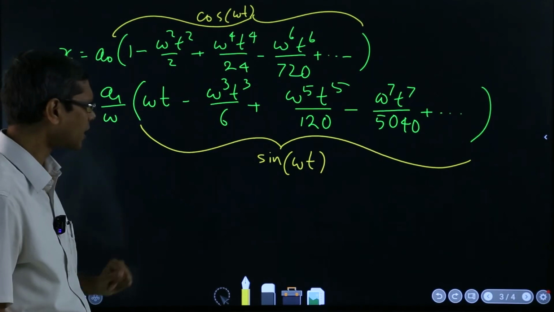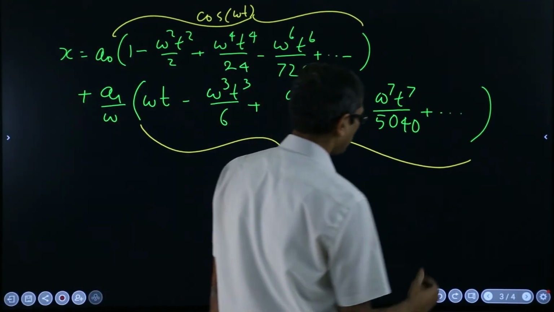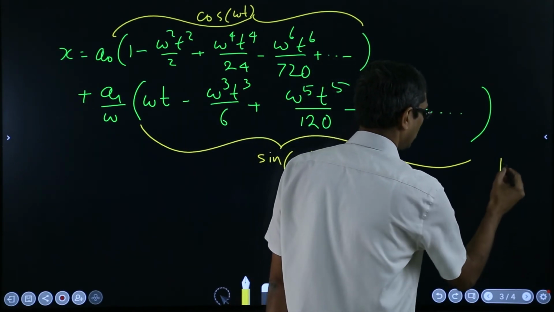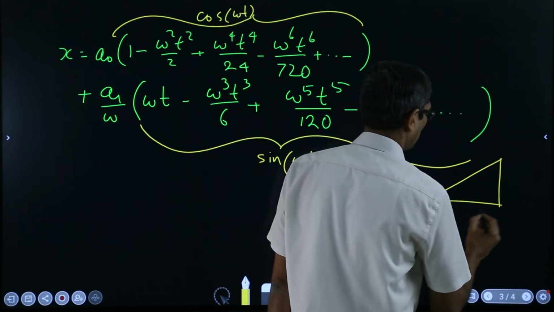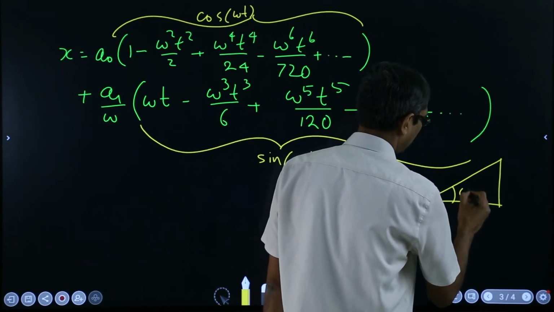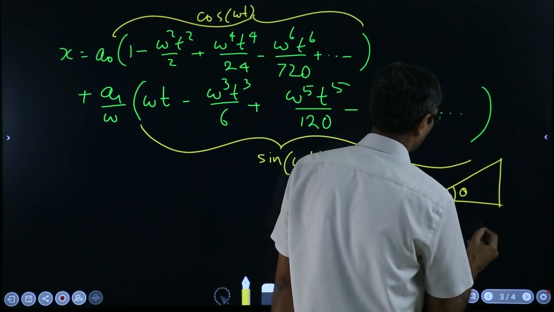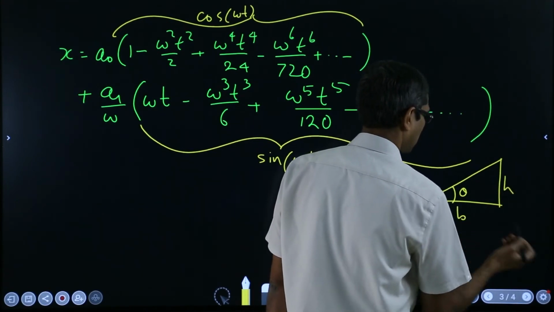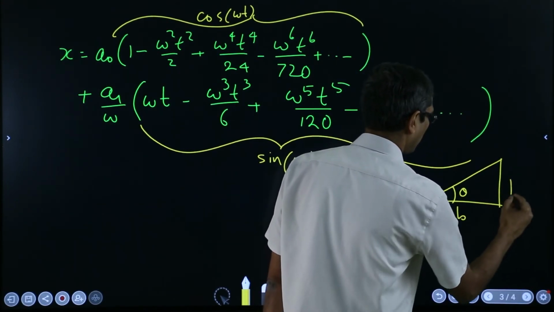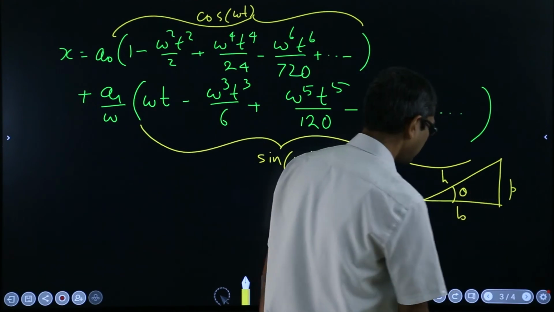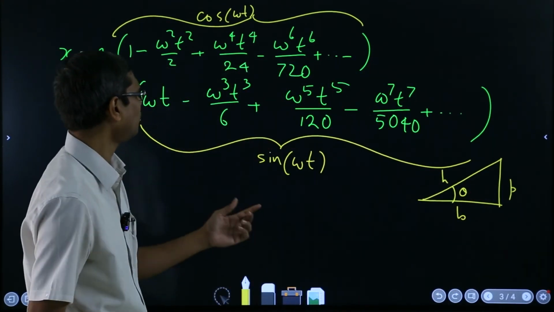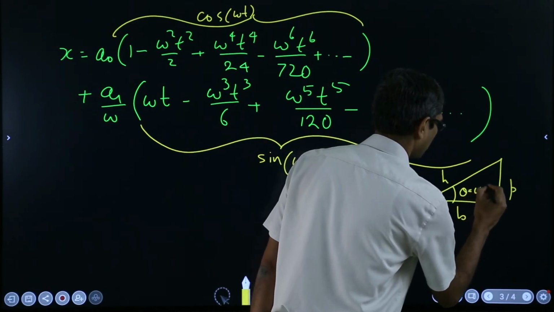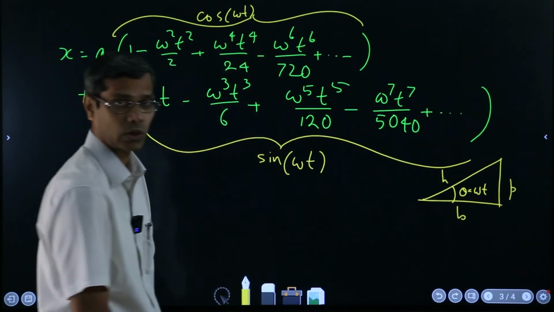In fact, all of you are quite familiar with this notion of, say, this is theta, and this is the base, the height, and the hypotenuse, and theta is nothing but omega t in terms of this.